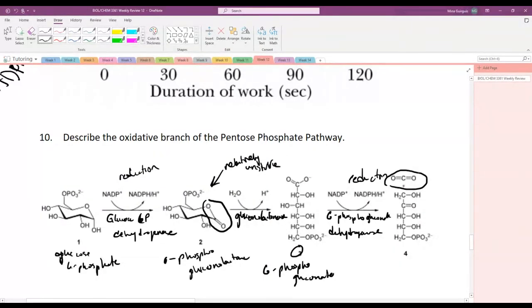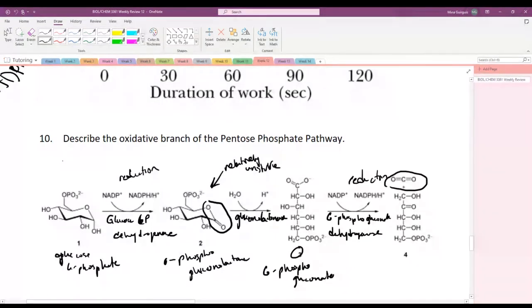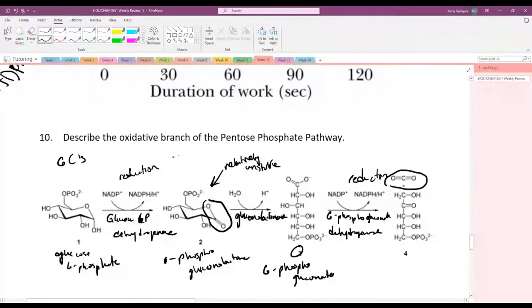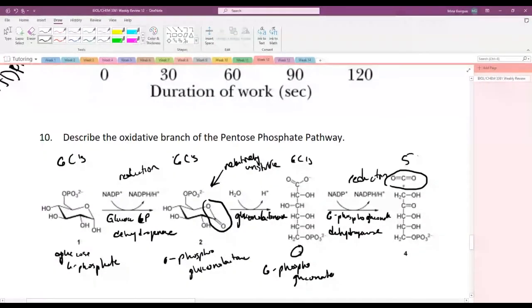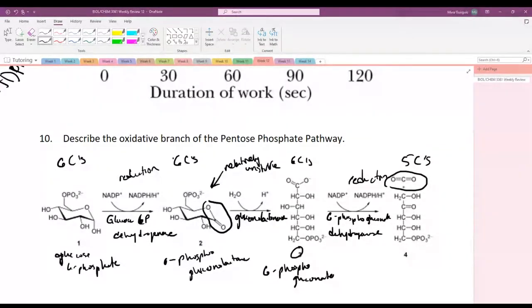So this is something that I encourage you to do really when we get into the citric acid cycle, but it's especially relevant here. This is 6 carbons. This is 6 carbons, 6 carbons, 5 carbons, okay? It doesn't make a huge difference, but you guys will see why we do that in a minute.